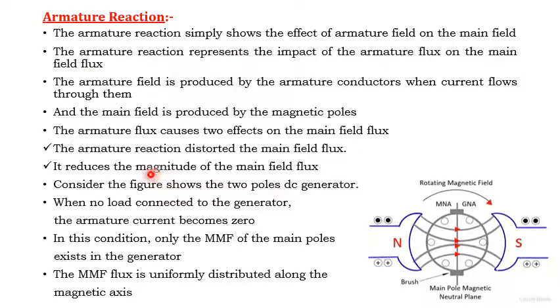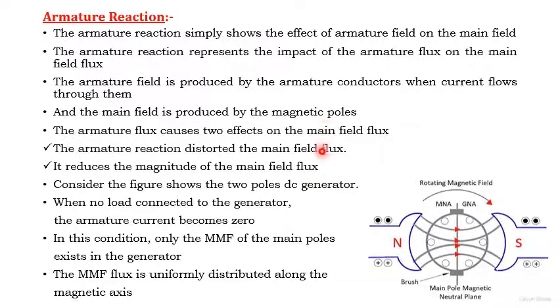The second effect is that once the main field flux is distorted, there will be a reduction in the magnitude of the main field flux. So these two are the effects caused by the armature reaction.